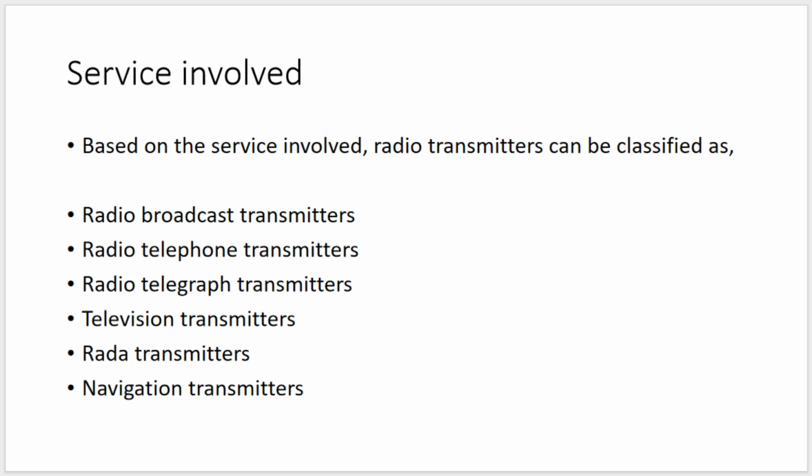And the last one is navigation transmitter. For sea and air navigation, special types of radio transmitters are used for a number of navigational aids.